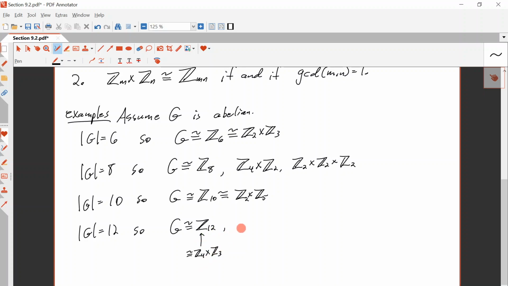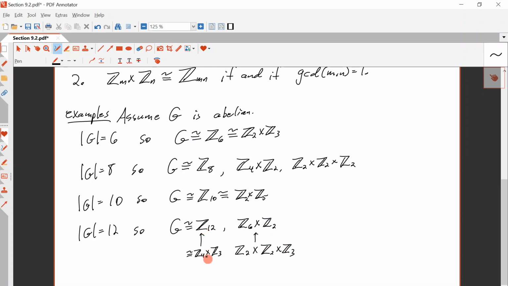Right, so you also have Z2 cross Z2 cross Z3, which of course is the same as, since Z2 cross Z3 is the same as Z6, Z6 cross Z2. And that's it.